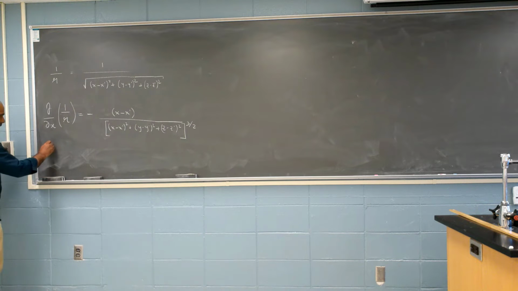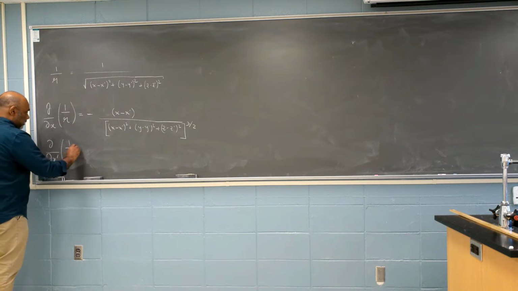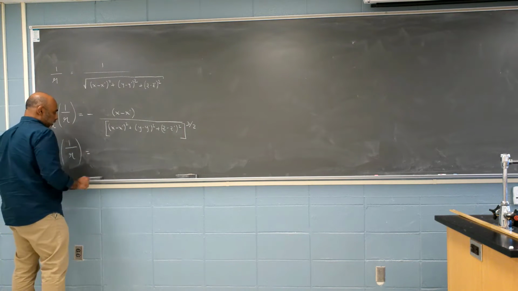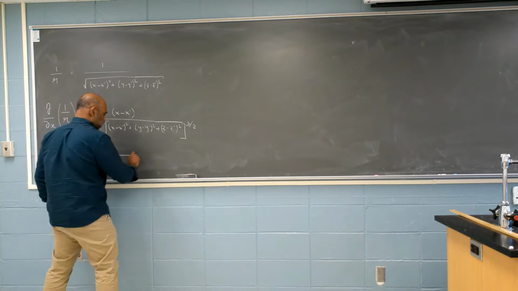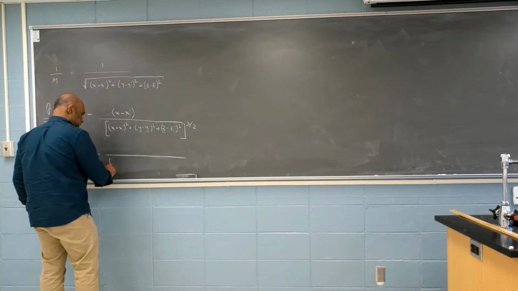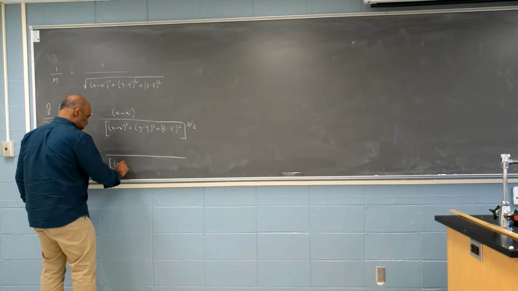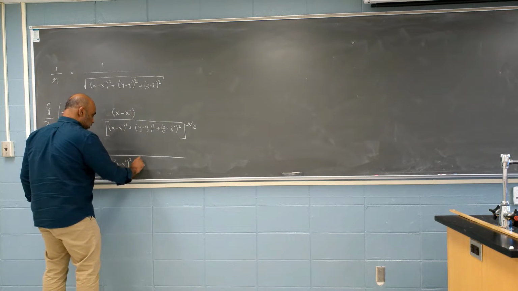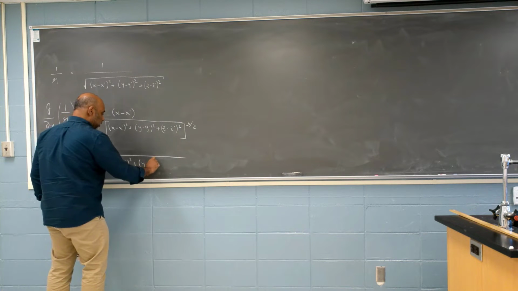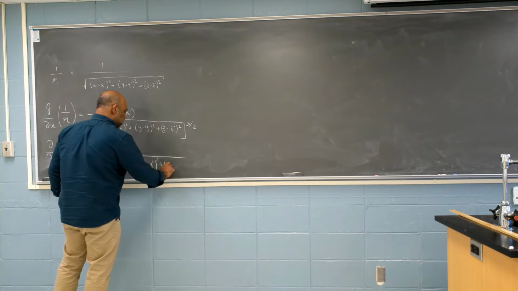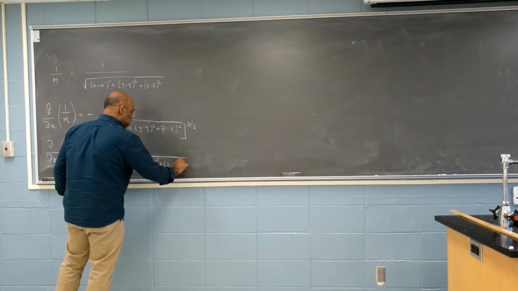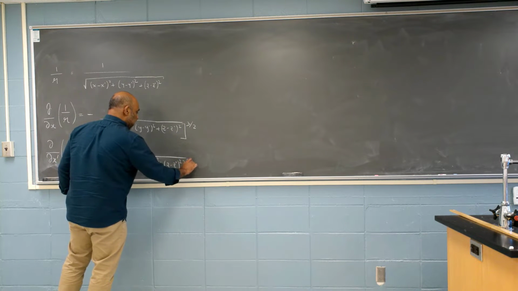But now, let me take the derivative with respect to x prime of 1 over the separation. You will see that nothing changes, almost, except x minus x prime squared, y minus y prime squared, plus z minus z prime squared to the 3/2.